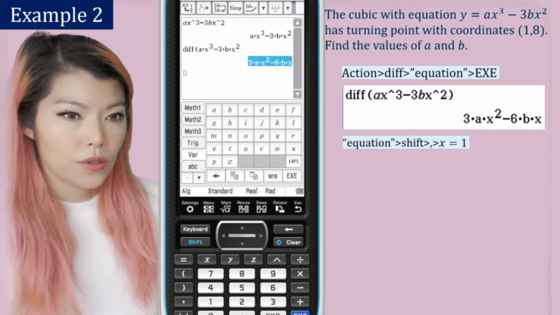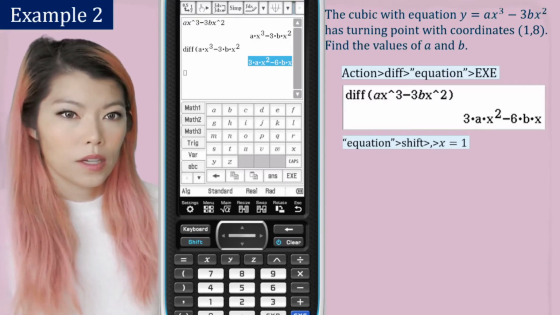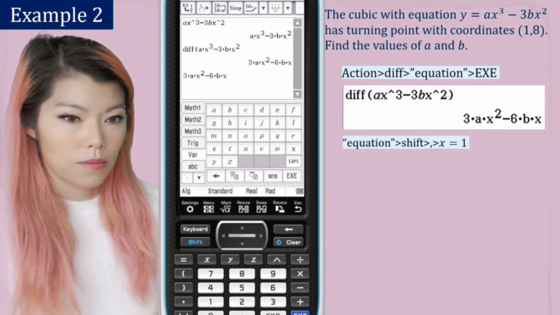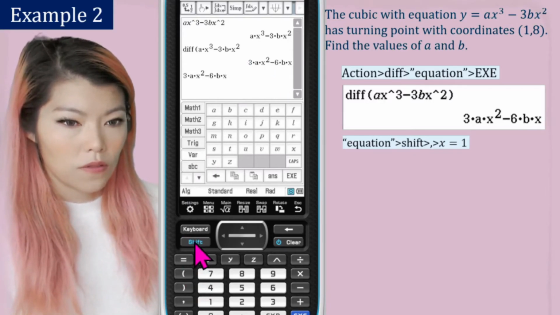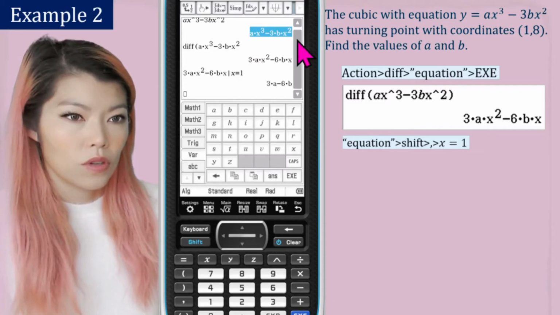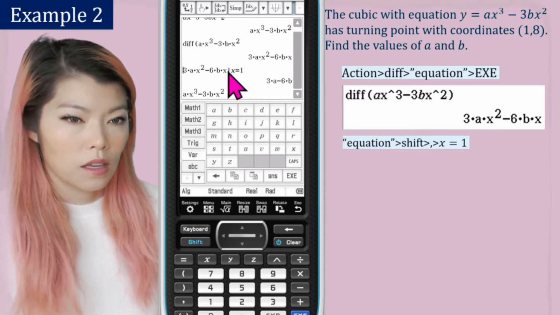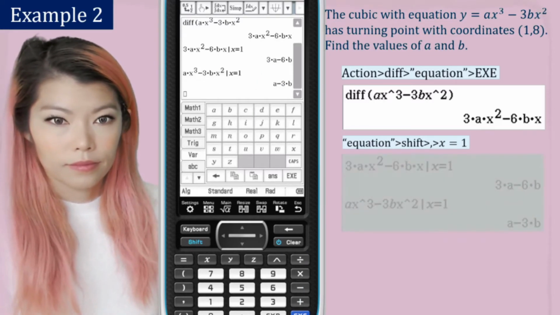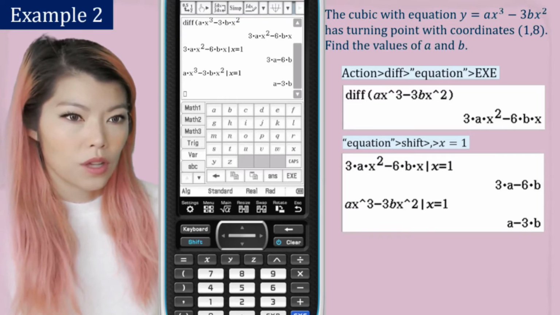There's a few ways to do this, but we know that the turning point is at 1, 8. So let's substitute 1 into here. So shift comma x equals 1. That's the gradient at 1, and the original equation at 1 looks like that. So now we have to solve.